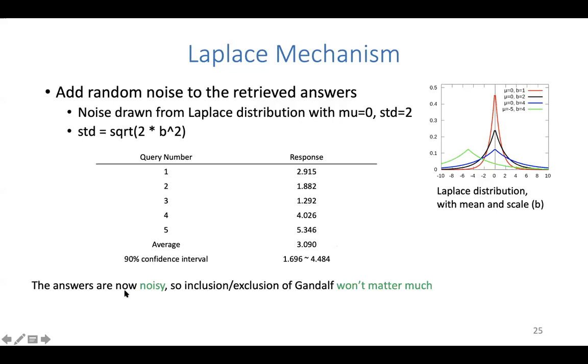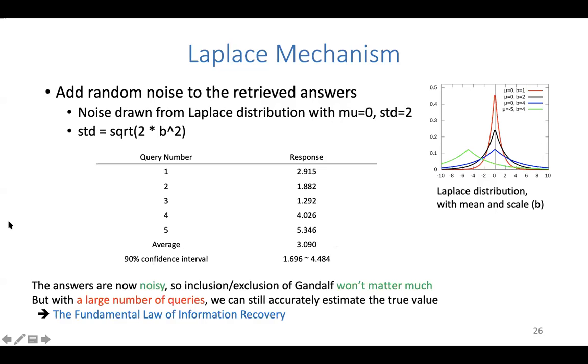The answers are now noisy, so inclusion or exclusion of Gandalf won't matter much, because adding or removing Gandalf in the data set would have little impact on the outcome, since the outcome is still perturbed by a certain level of noise. But with a large enough number of queries, we can still accurately estimate the true value.